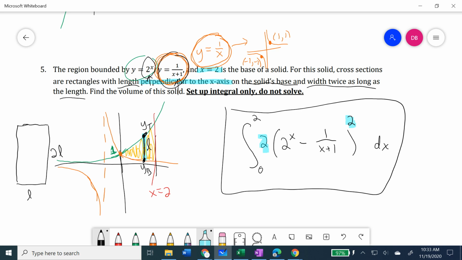With cross-sectional volume, you have an area formula for a shape on a plane, and that plane is not on the xy plane. It is orthogonal or perpendicular to the xy plane.